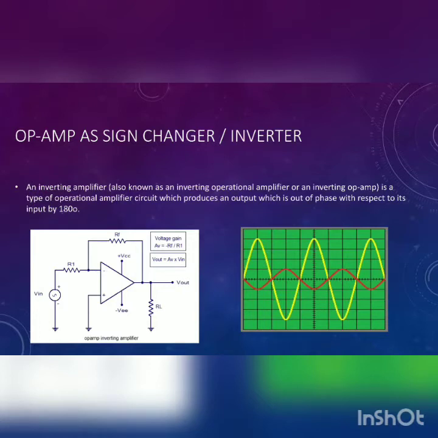The adjacent diagram shows the working of an inverting amplifier, that is, the red color waveform represents the input signal and the yellow color waveform represents the output signal. That is, the input signal is both inverted and also amplified, that is, an inverting amplifier.